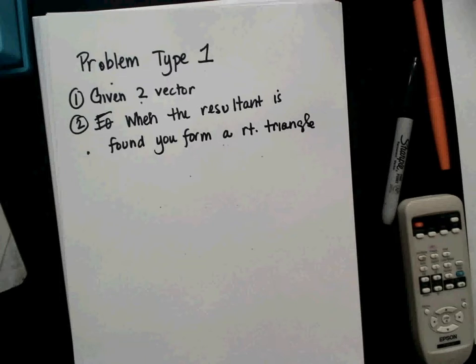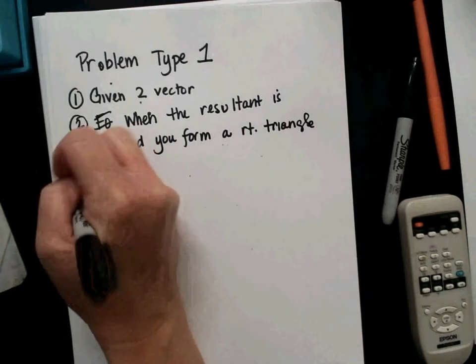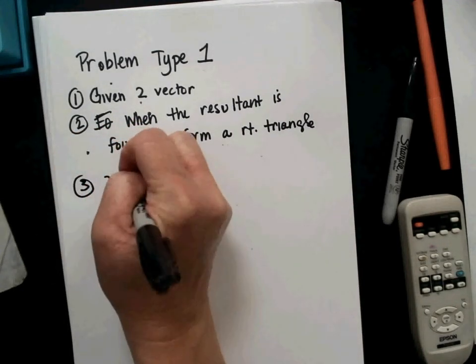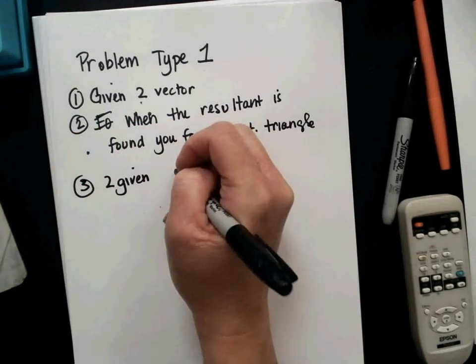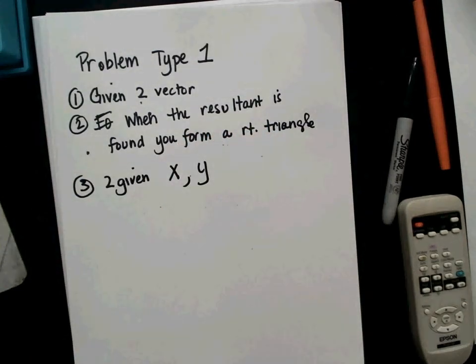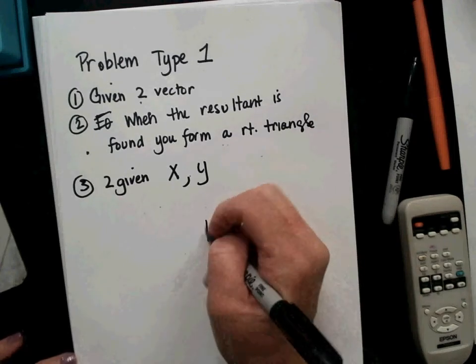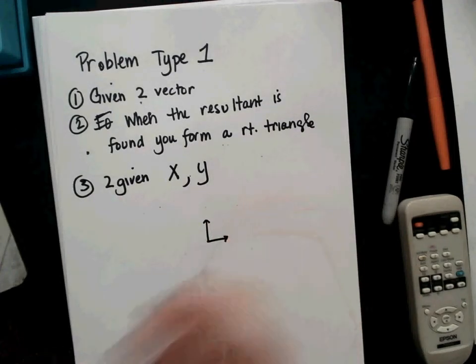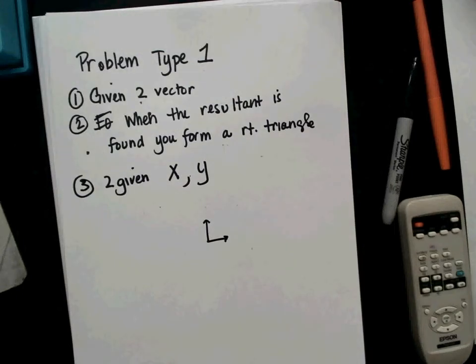So let's think about this. I want to see if you can come up with what you need. In these problems, the two given will be one in the x direction, one in the y direction. So you form two legs of the triangle.